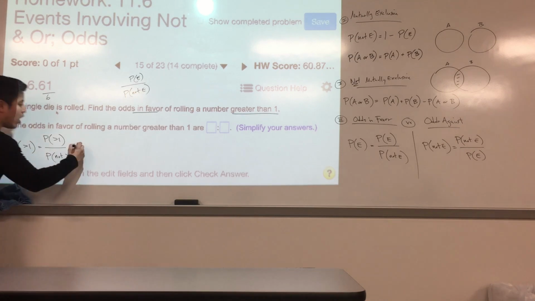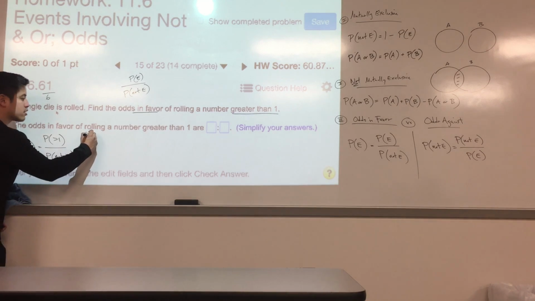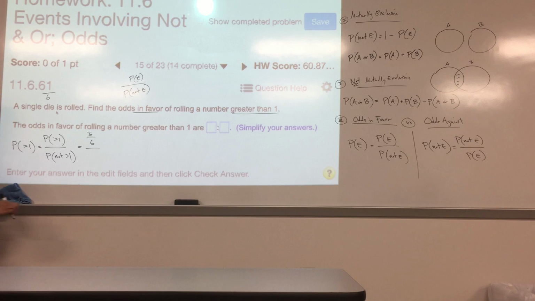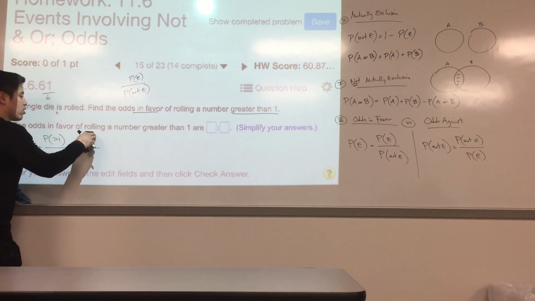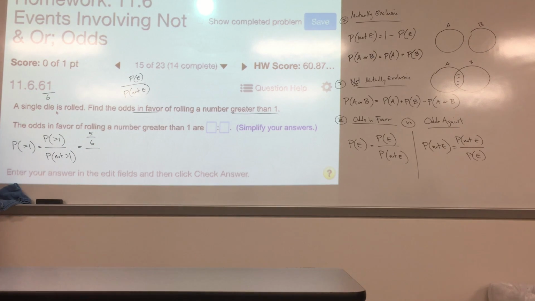Okay. What is the probability of rolling something greater than 1? 5 out of 6. 2, 3, 4, 5, and 6 are all numbers that are greater than 1. So there are 5 out of 6 ways that we can roll a number greater than 1. Does that make sense, everybody?